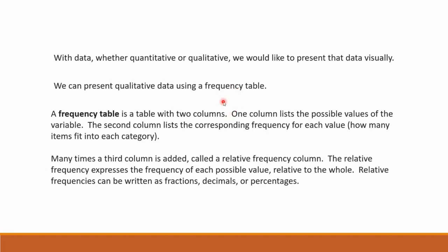The frequency is basically the amount, in other words, how many items there are in that category. You'll see also today that we can consider what's called a relative frequency column. And that's really what you're doing: you're taking the frequency and dividing by the sum of all the frequencies. That's really all it is.